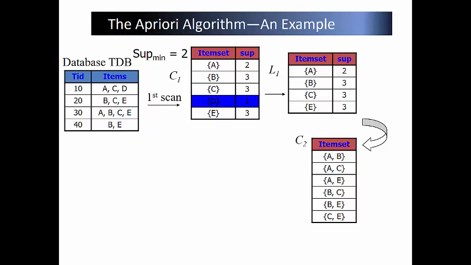Order is not important in this Apriori algorithm. But in another version of data mining, order is also important. AB is not the same as BA.